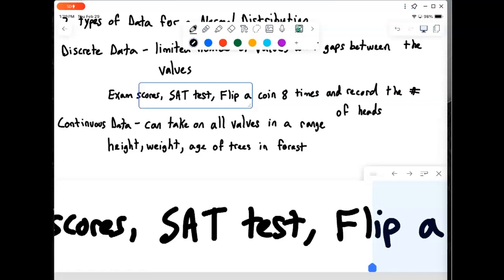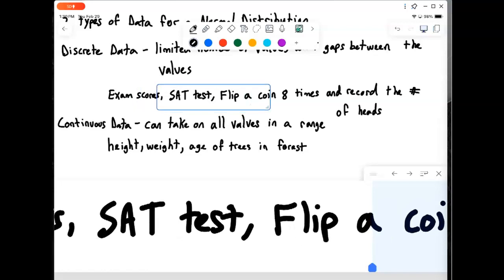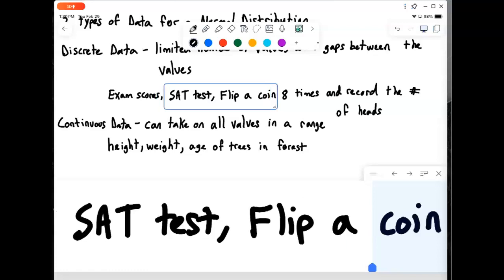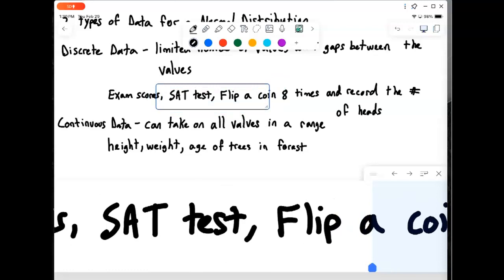So we might ask questions. What percent of people score below 600 on an SAT test, or above 600, or between 300 and 600? Different things like that. And we're going to be looking at solving those problems.